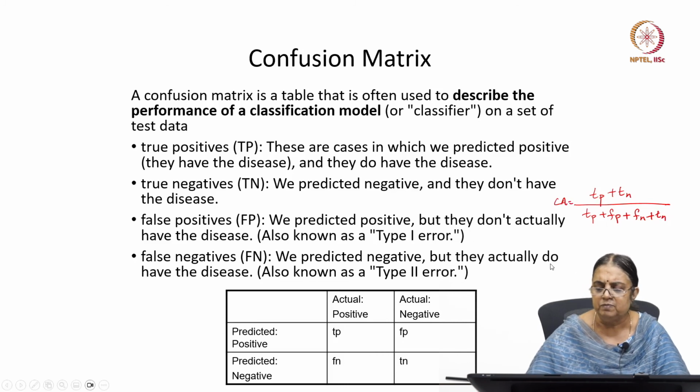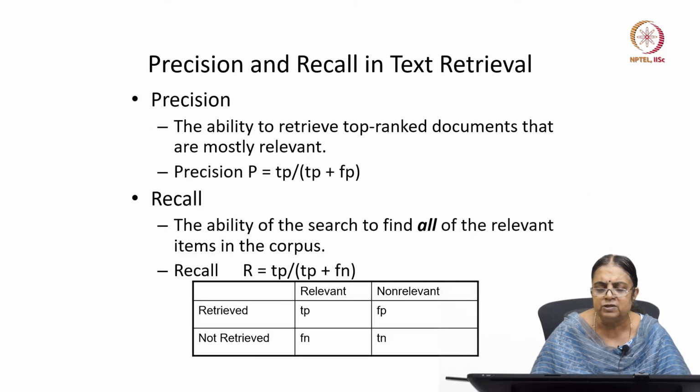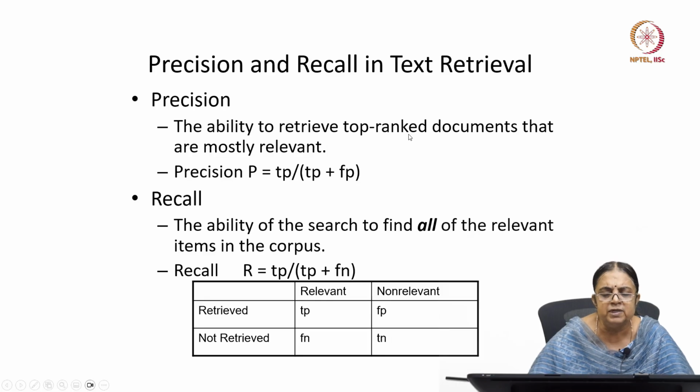Now there are some other evaluation metrics that we need to see. One is what is called the precision. This has the ability to retrieve patterns that are most relevant. Precision is equal to true positive divided by true positive plus false positive.